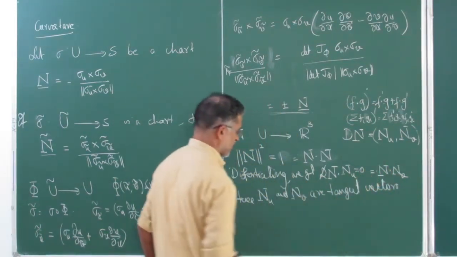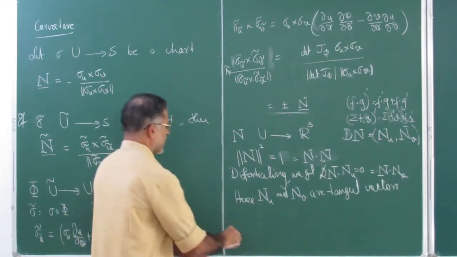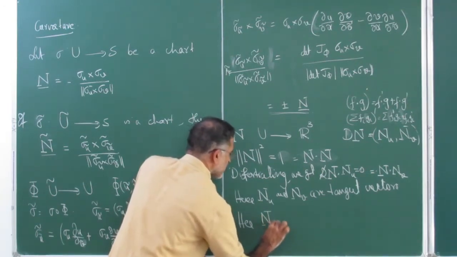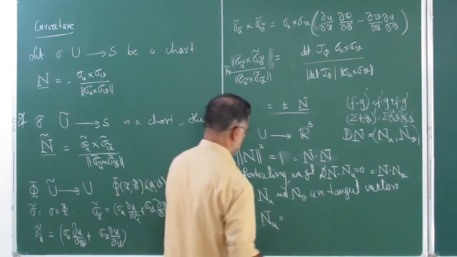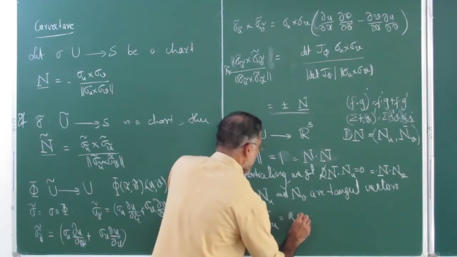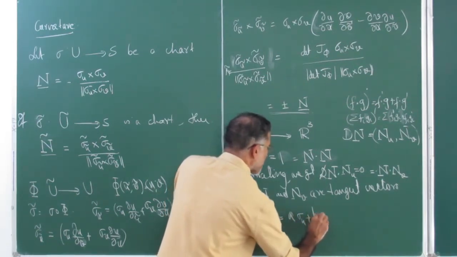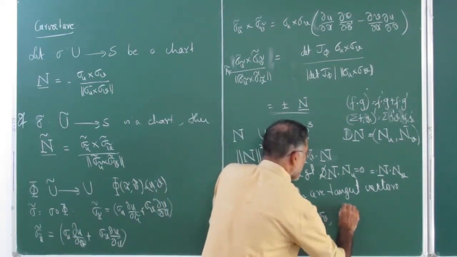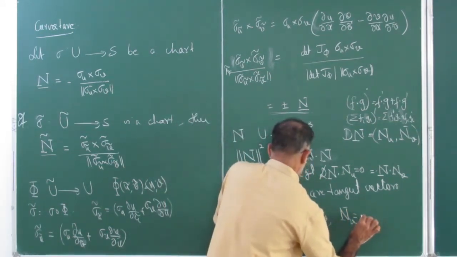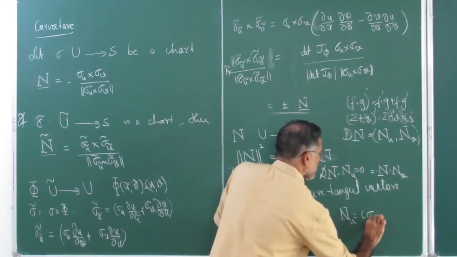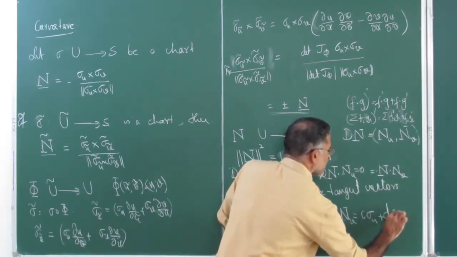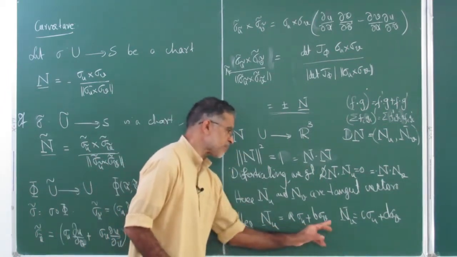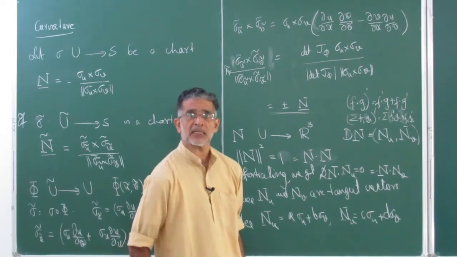That's the first observation. So hence what do you get? Hence we can write Nu as, Nu is equal to A sigma u plus B sigma v, and Nv as C sigma u plus D sigma v, because these are tangent vectors and sigma u, sigma v form a basis for the tangent space.